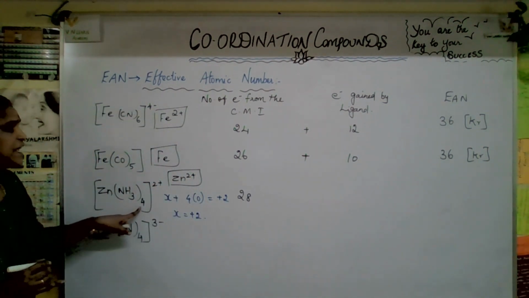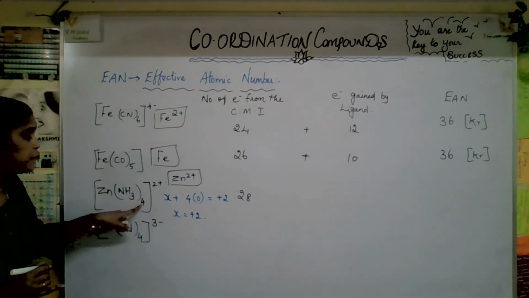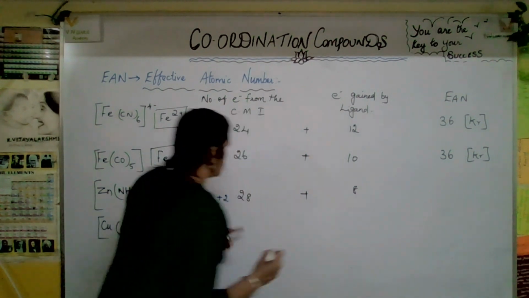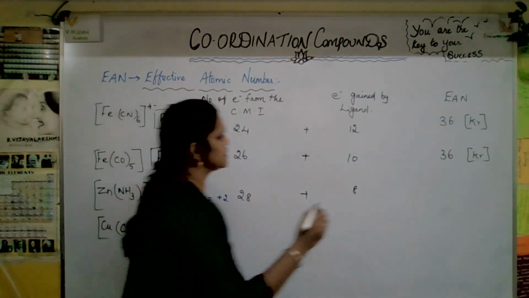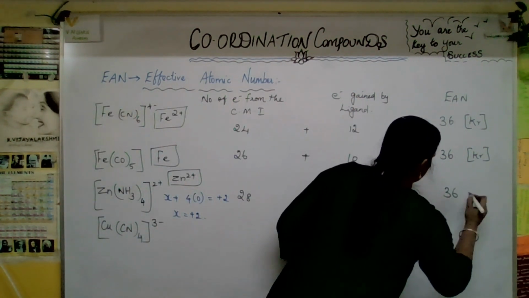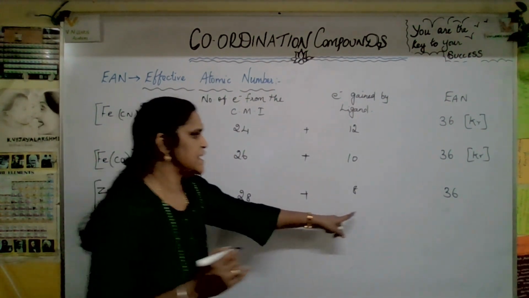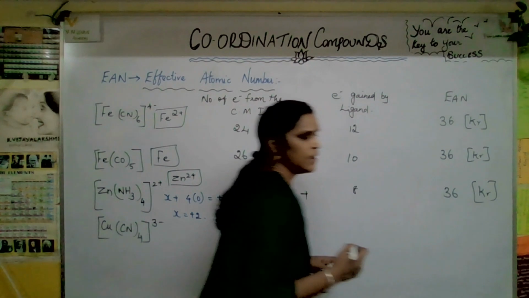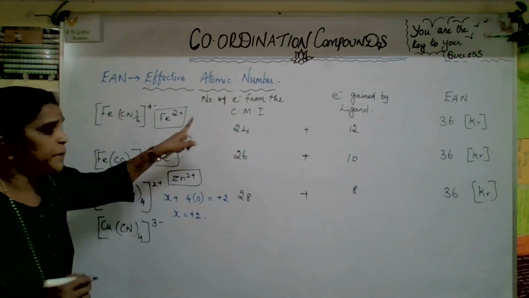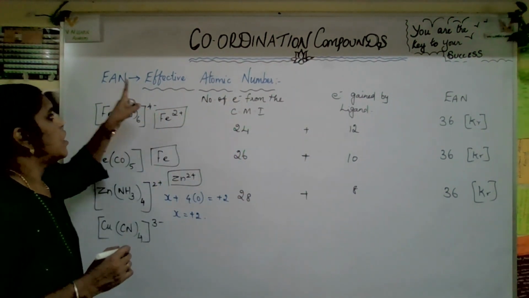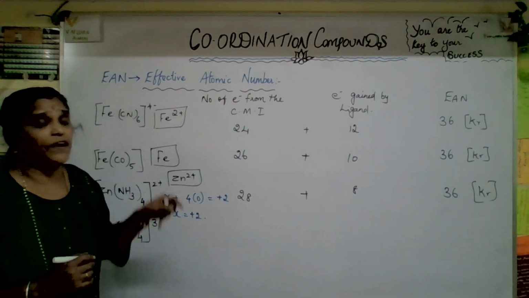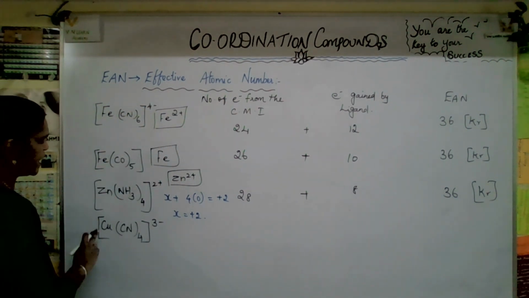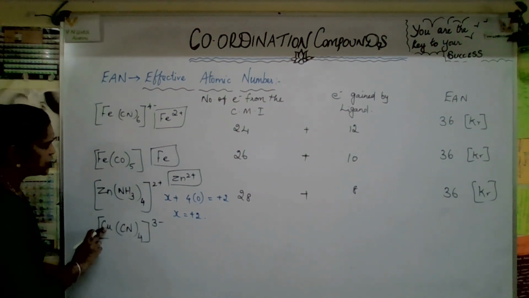Now coordination number 4, so 4 twos are 8. So altogether 28 plus 8, 36. Krypton electronic configuration. I hope you got a clear idea about how to find the effective atomic number of these complex compounds.